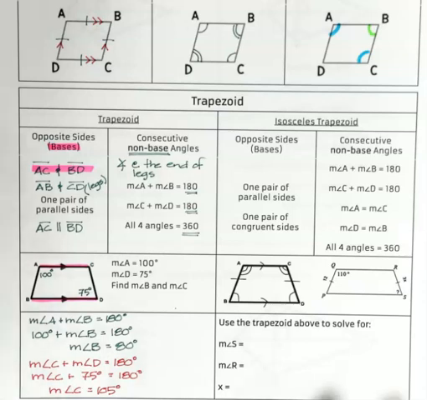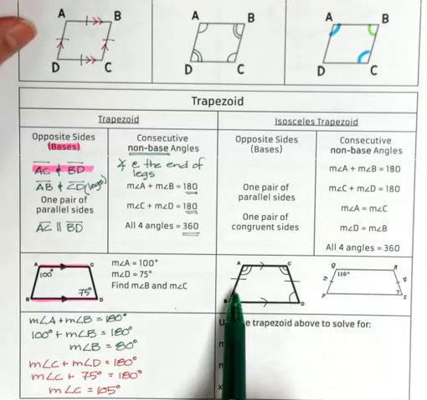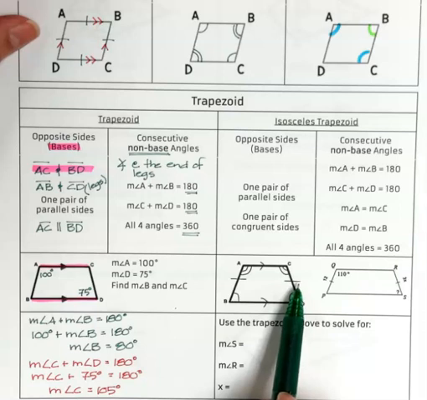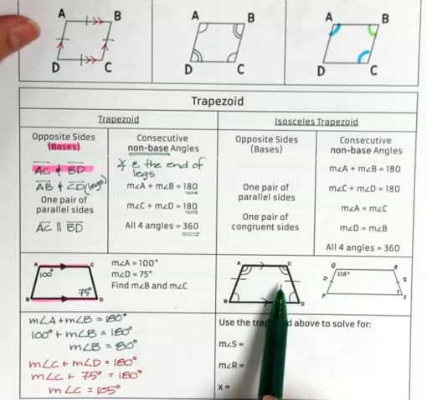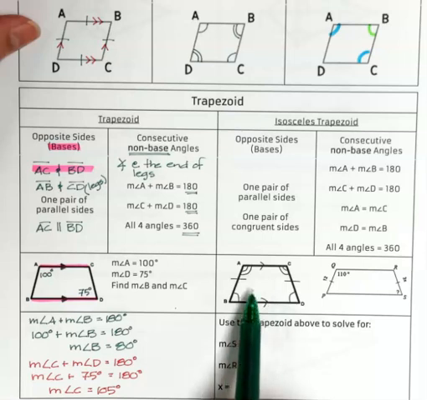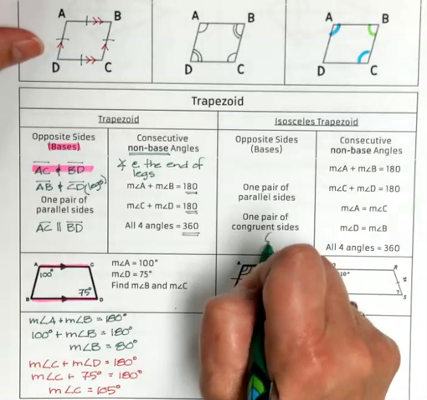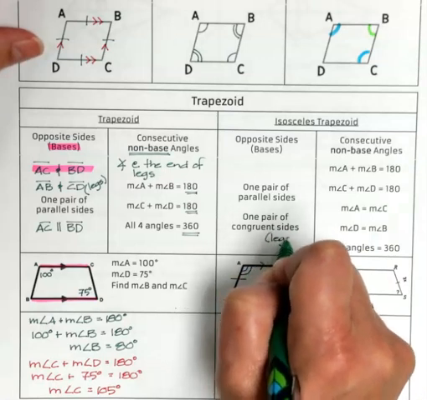All right. Staying with isosceles, we're going to make one slight change, and notice that we've got the legs marked congruent. So we have one pair of parallel sides, those are our bases, and one pair of congruent sides, I refer to those as the legs.